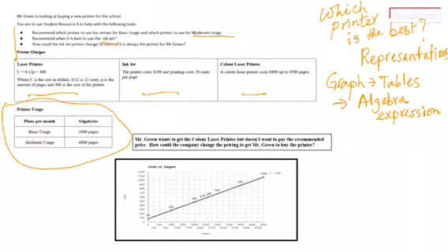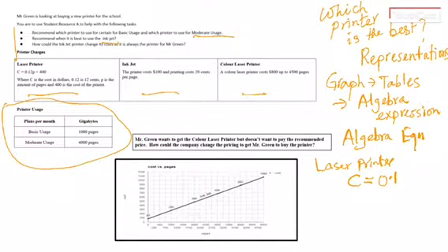Now, first attempt is to write equations. Let's write algebra equations. Laser printer is already given. It's already given: cost equals 0.12 P plus 400.